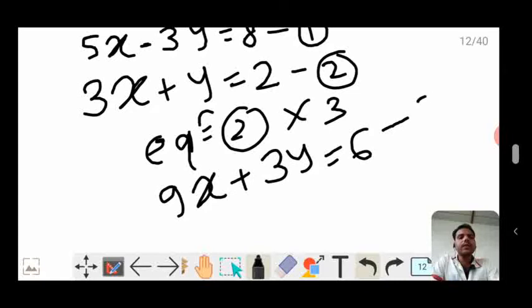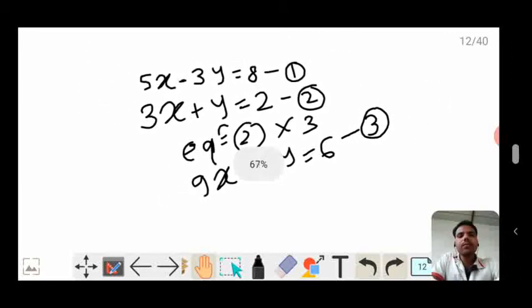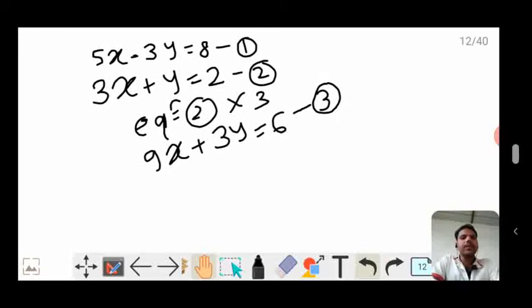We can call this equation number 3. In the next step we can easily solve by adding equation 1 and equation 3.